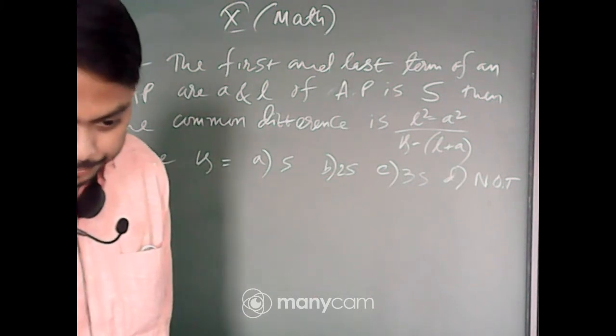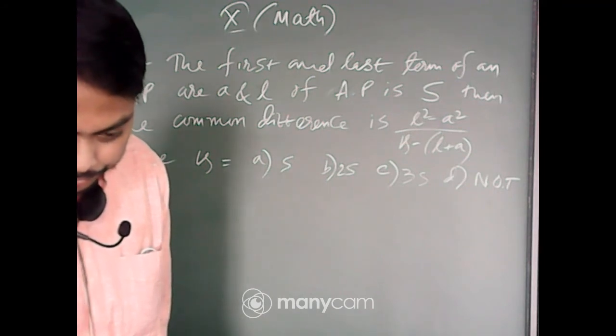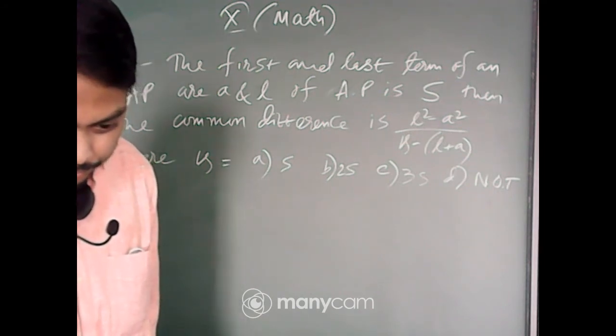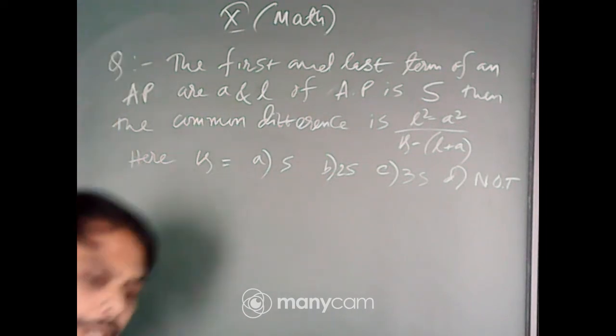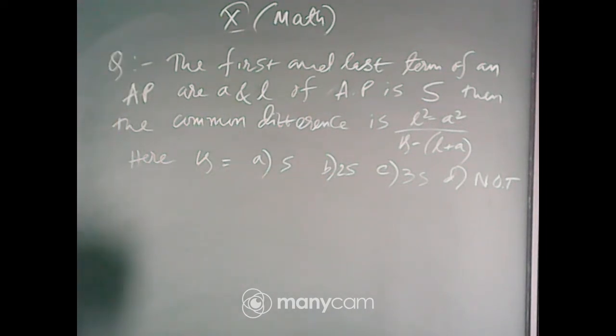Yes, I am checking. Wait. S equals to n by 2 into (a plus L), then n equals to 2S by (a plus L). Yes, L equals to a plus (n minus 1) into d.